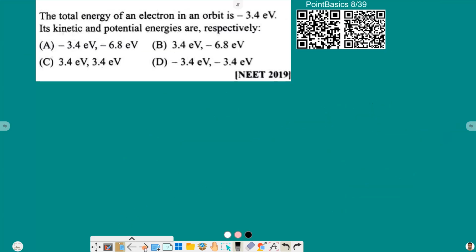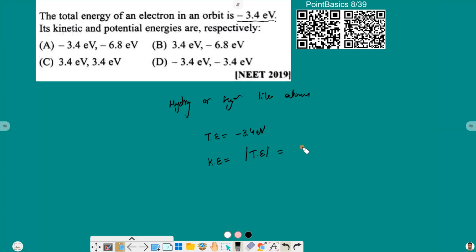Moving ahead. The total energy of the electron in orbit is minus 3.4 electron volt. Its kinetic and potential energy are. So here it is not mentioned regarding which system it is asked, but normally these type of questions are related to either hydrogen or hydrogen-like atoms. So here it is mentioned that total energy is minus 3.4 electron volt, and you can also solve this question from the gravitational chapter of class 11th, where kinetic energy is basically modulus of total energy.